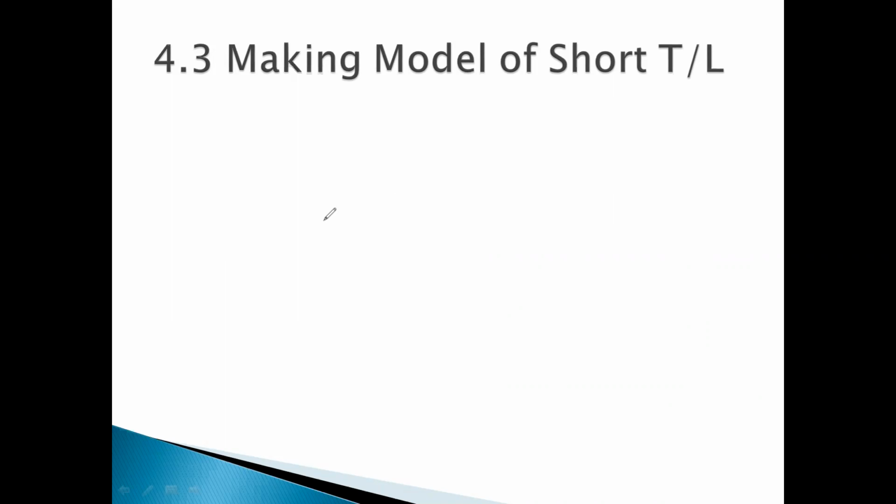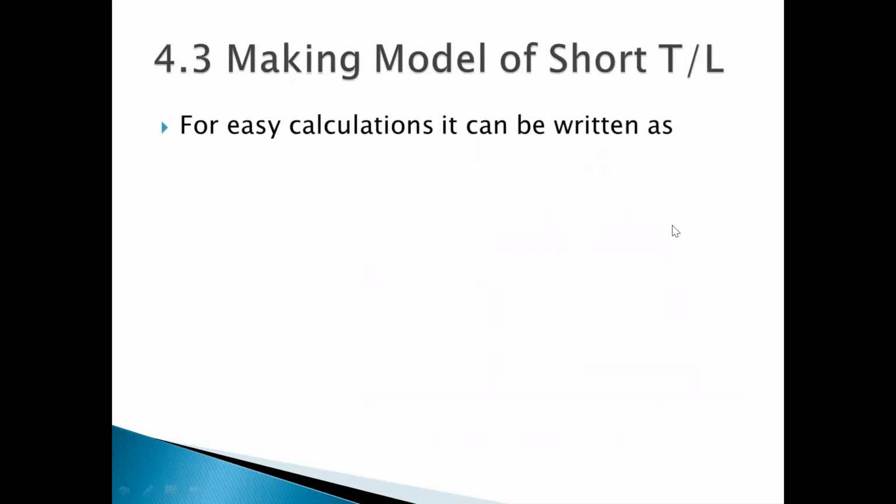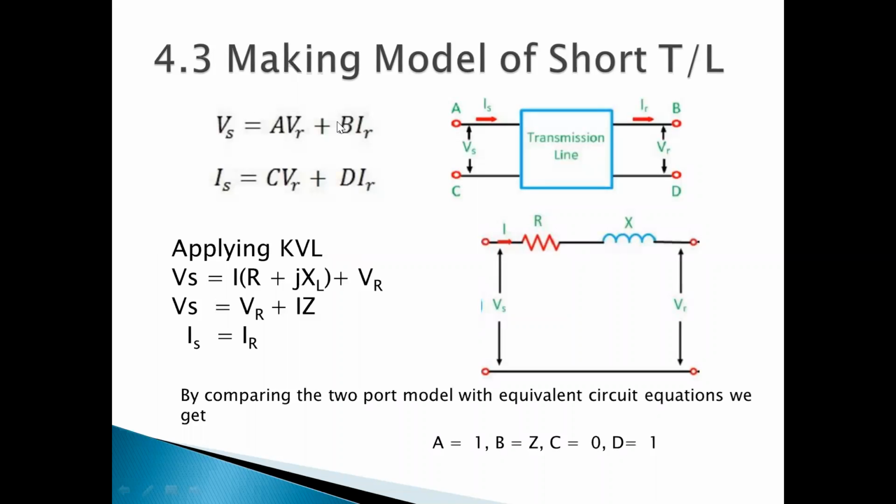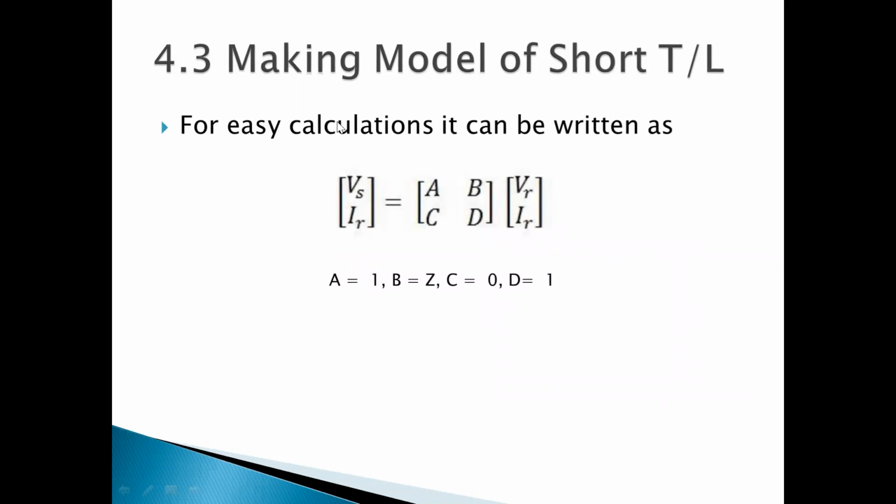In the last slide, I just converted the equation of this model into matrix form, nothing else, and then I can also solve these transmission line related problems in terms of matrices.